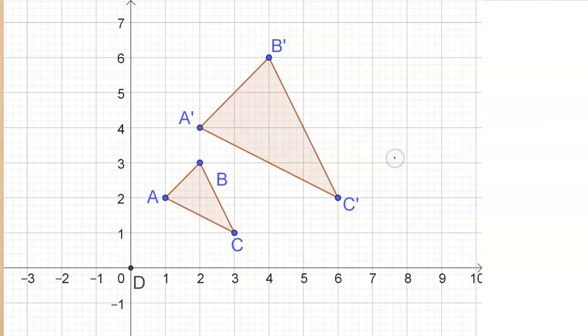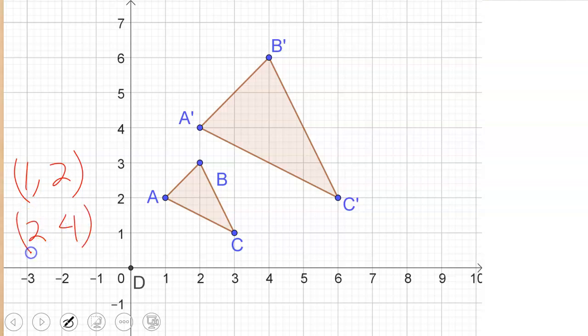Now, the original point A gave us (1, 2), but its image is giving us (2, 4). What is the relationship? Very simple. I multiply A by the scale factor, so here by 2, here by 2, then I get (2, 4).